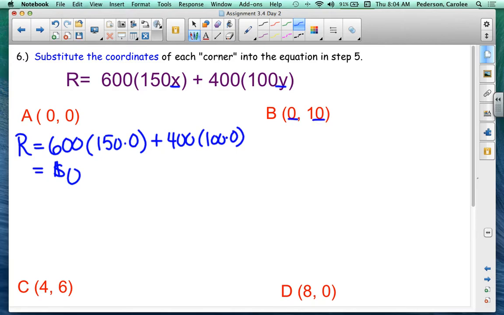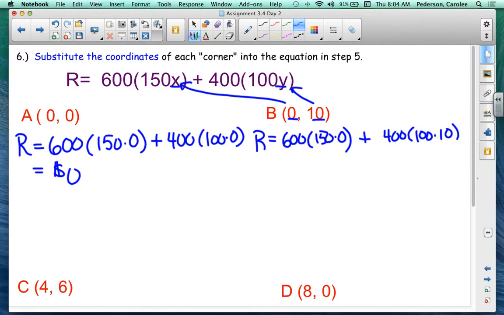Now we say 0 and 10. So we're going to substitute 0 in here and 10 in there. So 600, 150, 0. You're going to notice that's going to be nothing. And then 400, 100, and 10. So this becomes a 0.